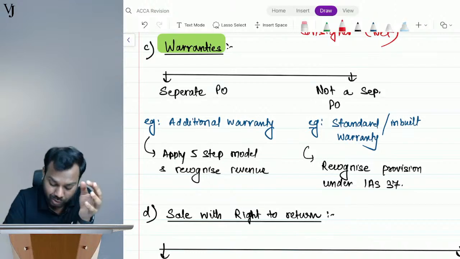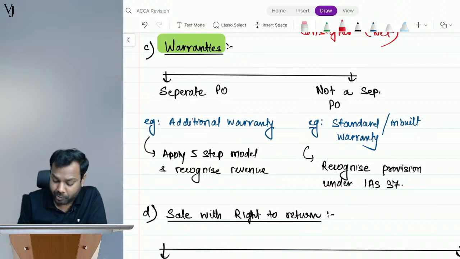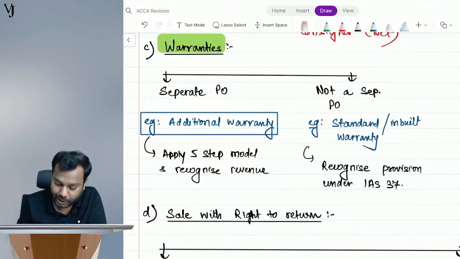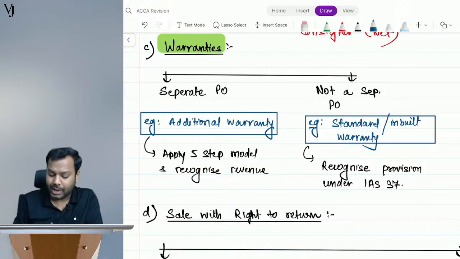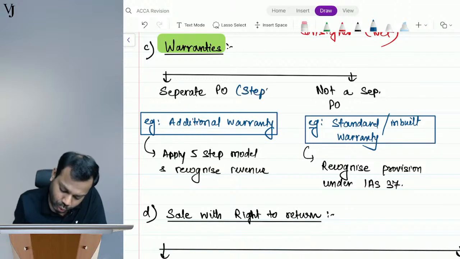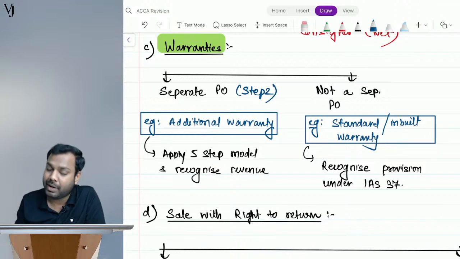So I lied here. I have written here also that the example of a separate performance obligation is additional warranty, and the example here is standard or inbuilt warranty. So if the warranty is a separate performance obligation as per step 2 of the 5-step model, then you have to apply the 5-step model and recognize the revenue accordingly.